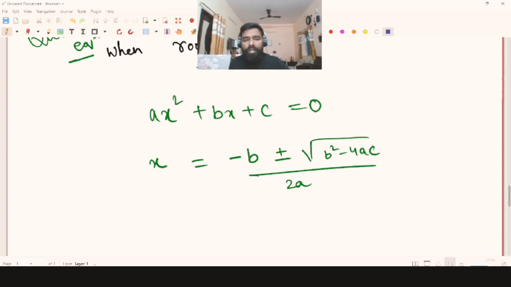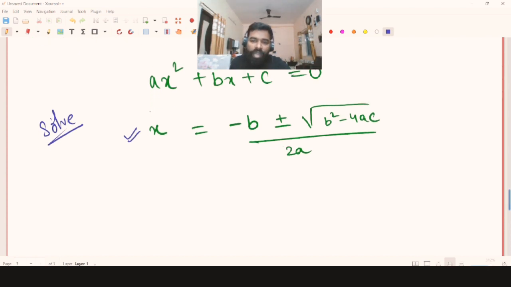If the question says solve the quadratic equation, then we can use this formula, which is called the quadratic formula, and get the roots of the equation. But if the question says when roots are equal, you need to find some unknown present in the question. Whenever roots are equal, the part written inside the root is equal to 0.